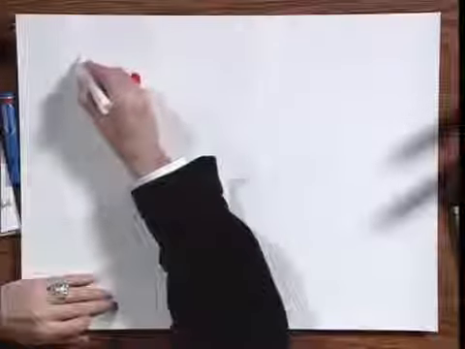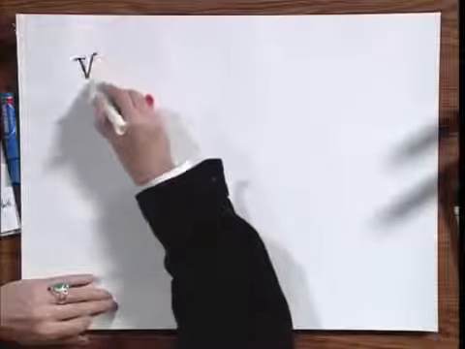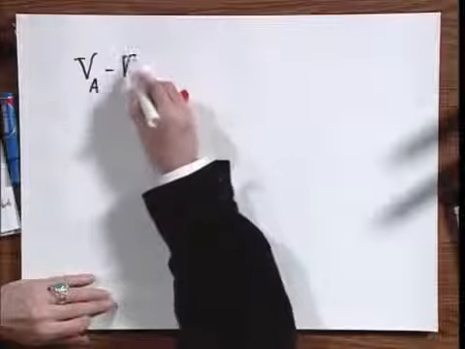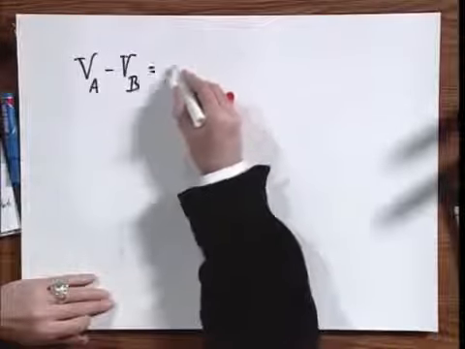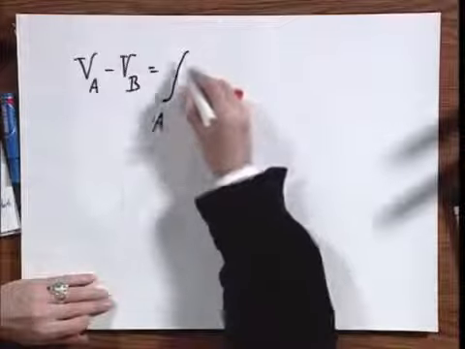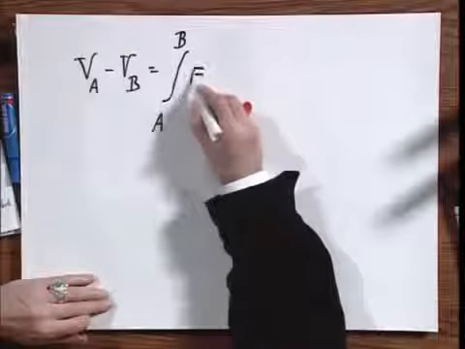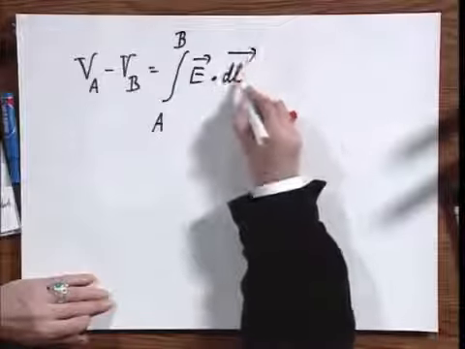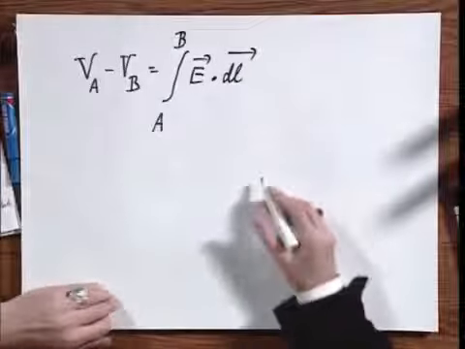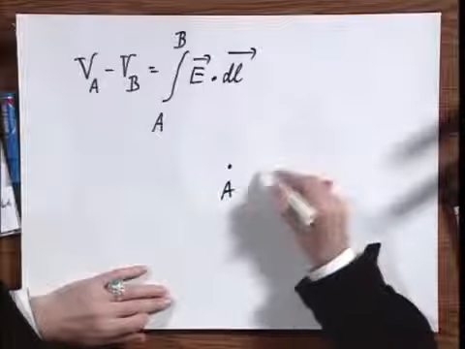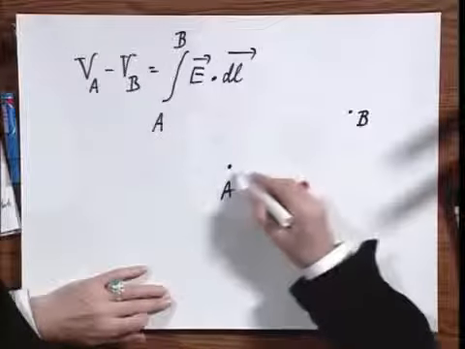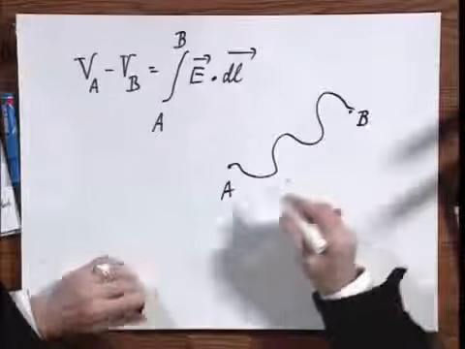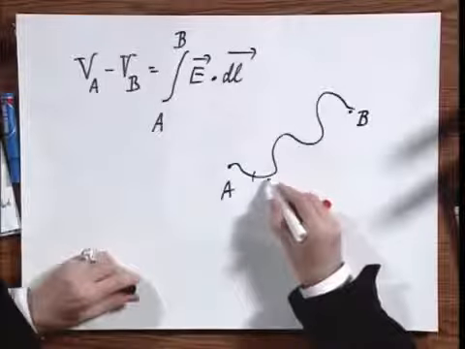How is electric potential defined? VA, the potential at A, minus the potential at B, is the integral in going from A to B of the electric field vector dot dl over some path length L. So here is point A, and here is point B. Here is some crazy routing.